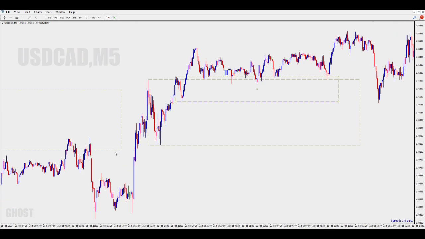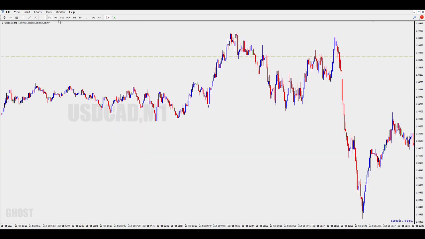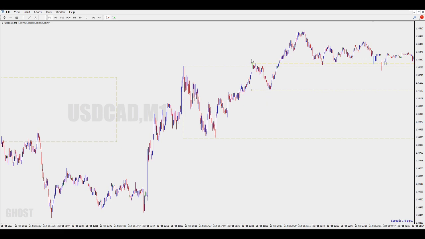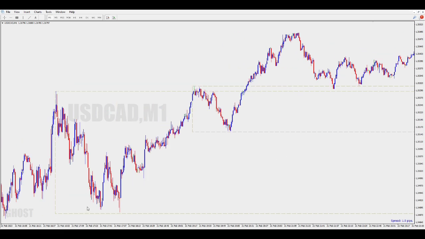It's the RS, and then I would be looking into any potential QM levels that might be of interest in this area. That would be this low here, right?